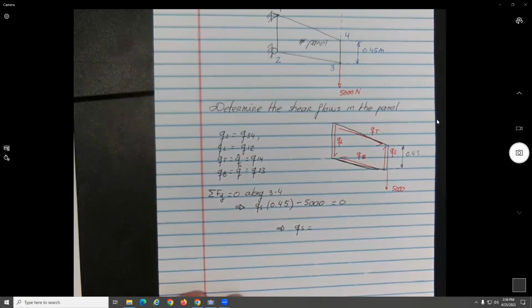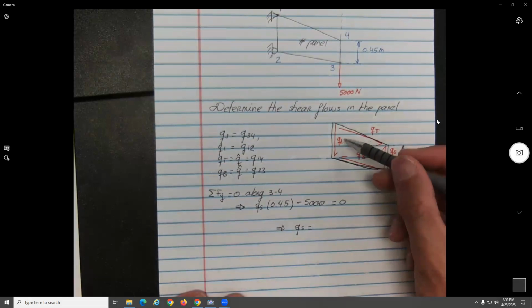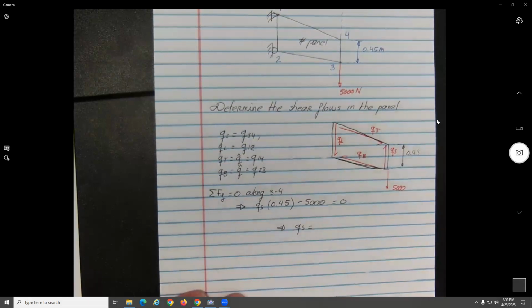Yes. Isn't QB also, if we're doing a point analysis at that point? Q, which one is it? The QL here or? QB, isn't QB also resisting the force as well? If you do a free body diagram of the point.